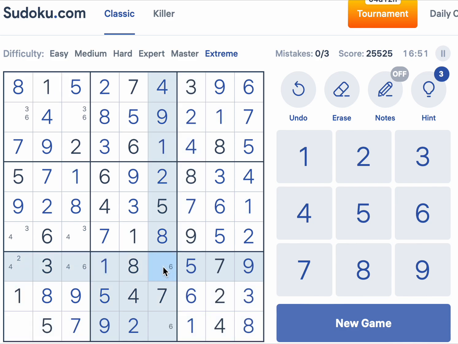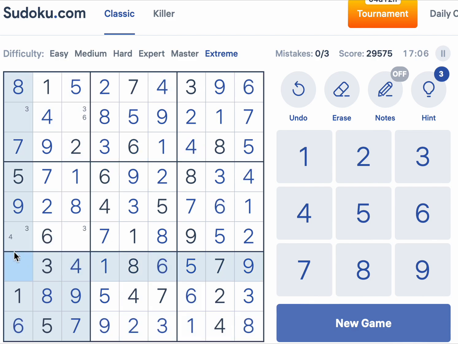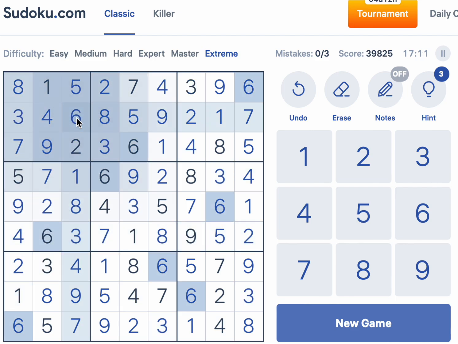With 3 here, this one 6, this is 3. And for this row, we're missing 6. So with 2 here, this cell must be 4, this is 2, so 3, 4, 3, 6. Voila! We have solved today's extreme level challenge.